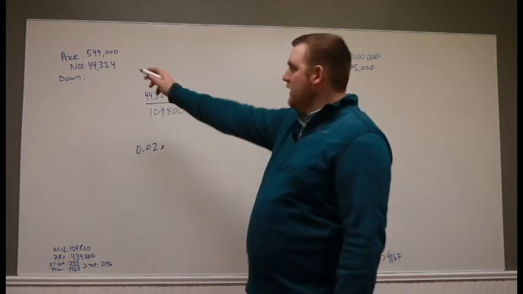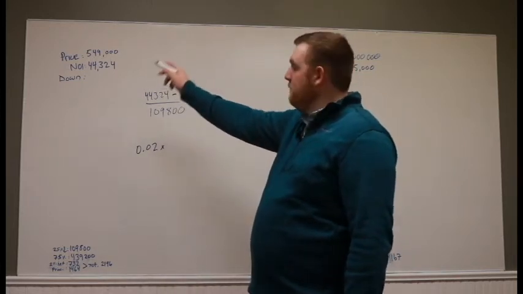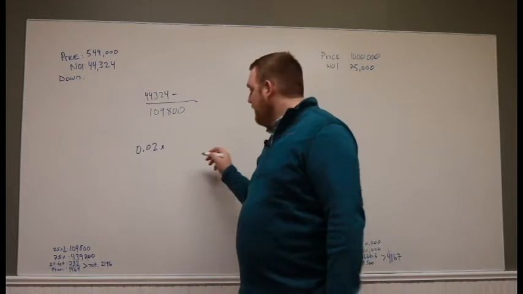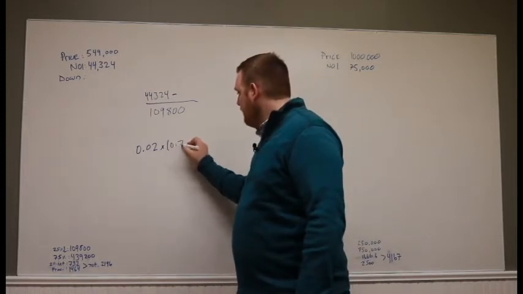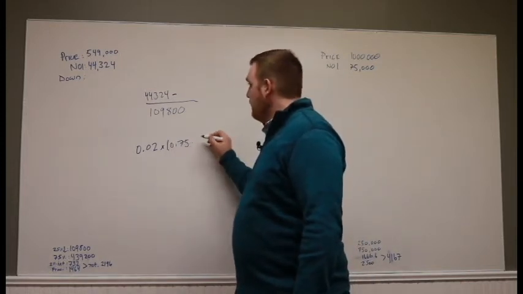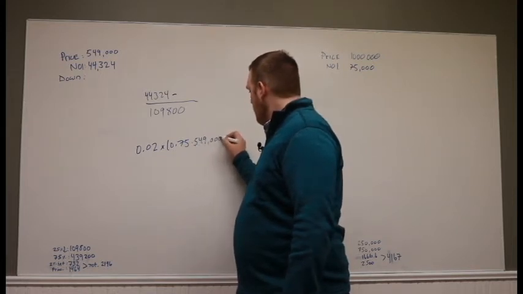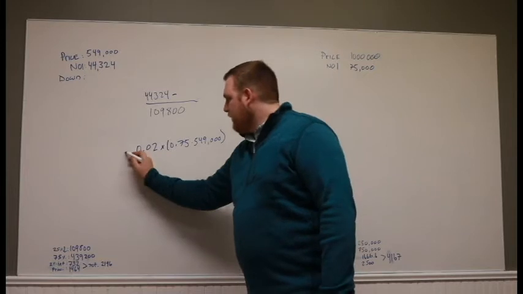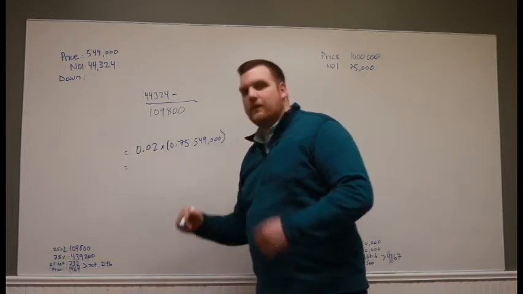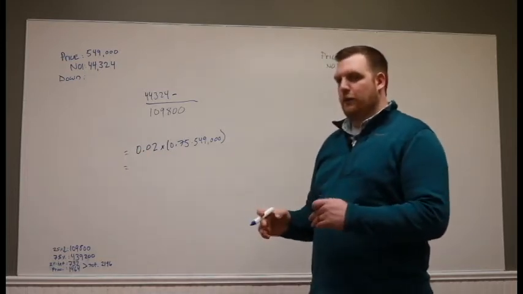So in this case, the asking price is $549,000. We owe 75% of that, so 0.75 times $549,000. And that's multiplied by the interest rate. And this will give the interest portion of the mortgage payment.